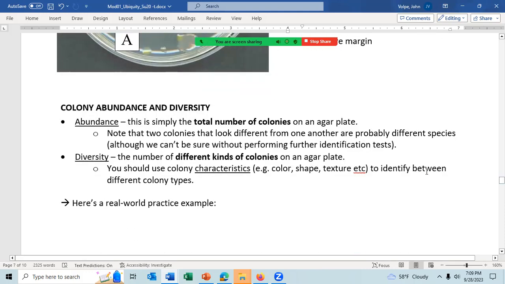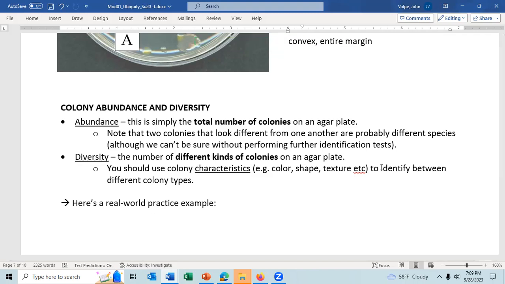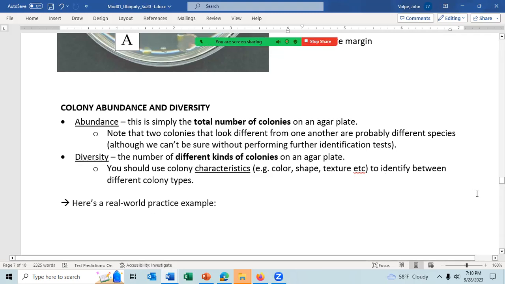All right, when we're talking about colonies, it's important to understand what colony abundance is and what colony diversity is. Colony abundance is simply the total number of colonies on an agar plate. So to get the colony abundance, all you do is you count all the colonies.